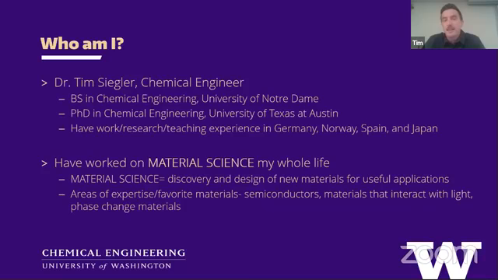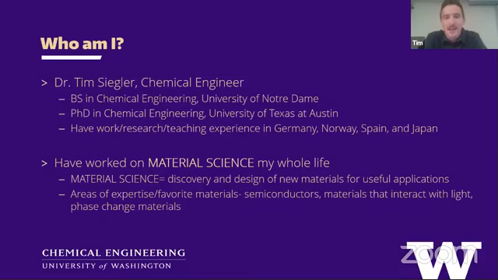Material science is at its core a highly interdisciplinary field related to the discovery and design of new materials for useful applications. Basically, material scientists like to think of themselves as the fundamental underpinning of all of the types of science, because without the materials, you can't do the experiments that they do in physics, or you don't have the chemistry background that you need to do some of this chemical research.